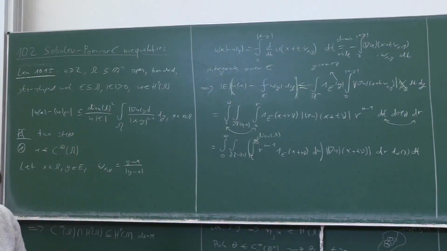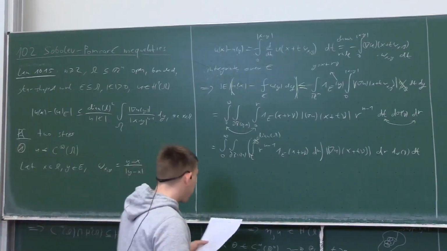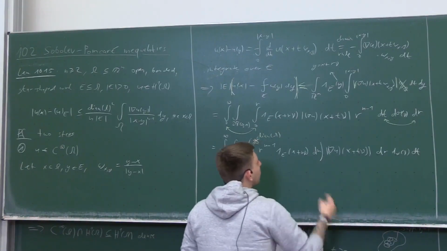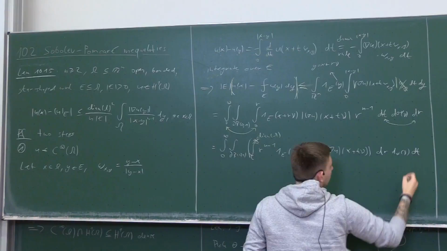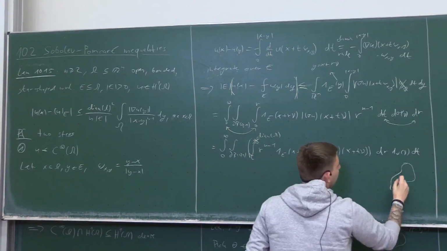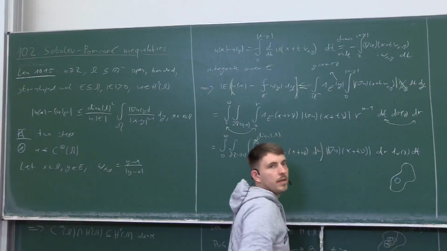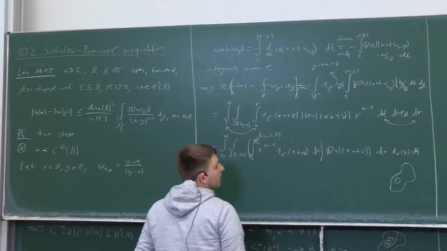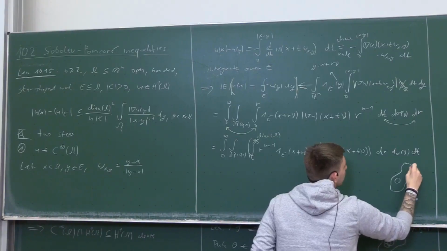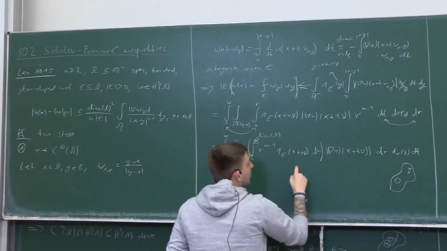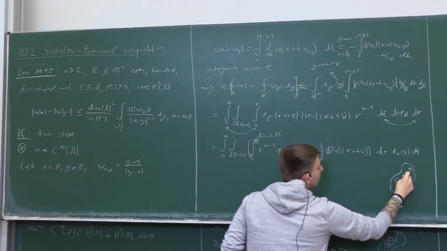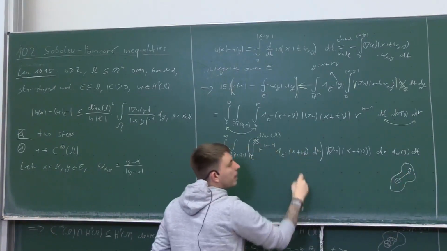And then the second observation is, if this is my Ω, and then here I have E, and here this is x. Then I have some straight line in ν direction.